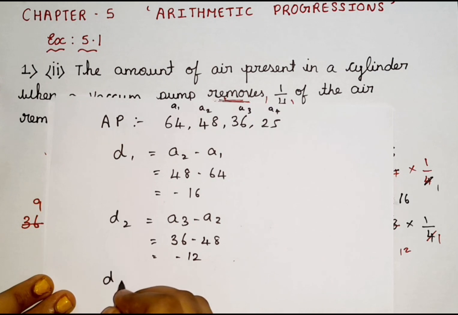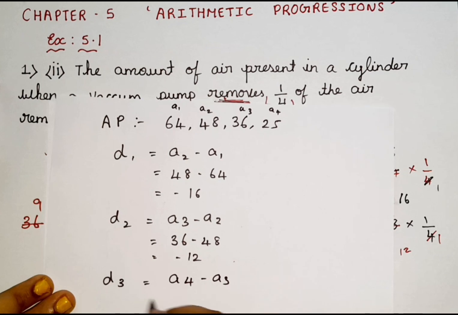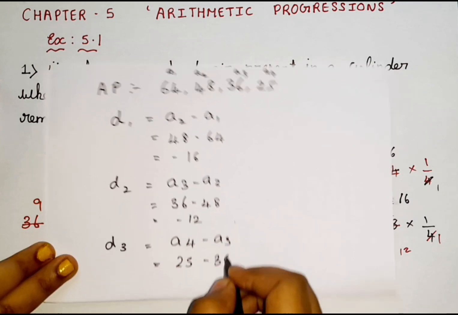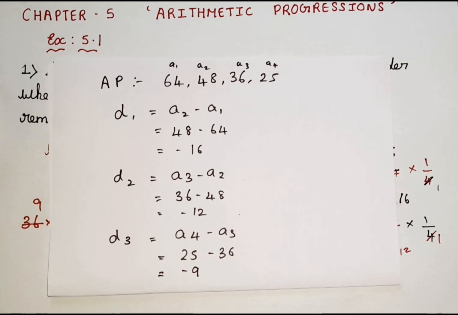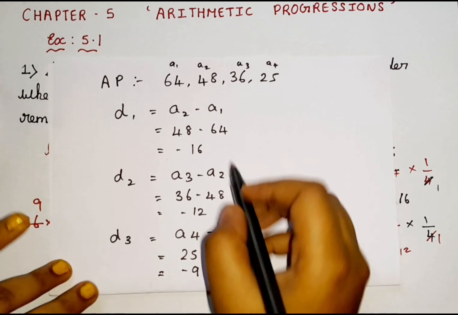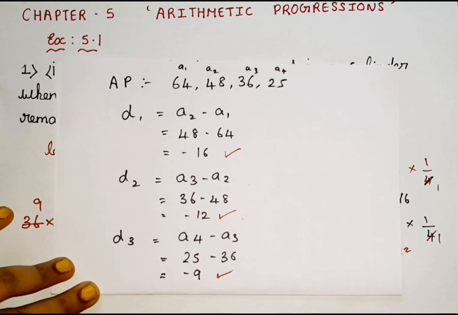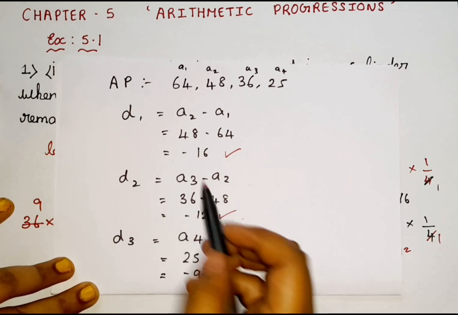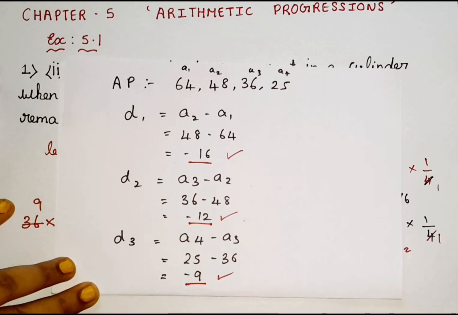Next we have D3, that is A4 minus A3, which is A4 value 25 minus A3 value 36. When we subtract it, we will get minus 9. Now when you check it out, we got the common differences differently. That means we didn't get the same numbers, isn't it? Here we got minus 16, here minus 12, here minus 9.